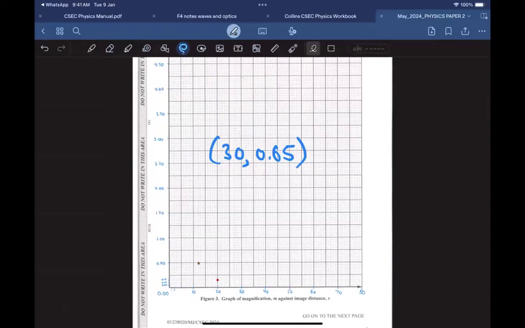You just put in a dot where 30, comma 0.65 will be. Right. And so, ready. Yeah, that looks incorrect. Big up yourself.